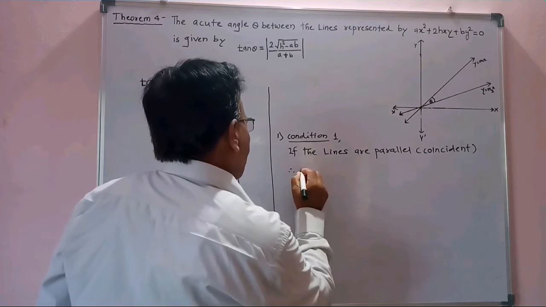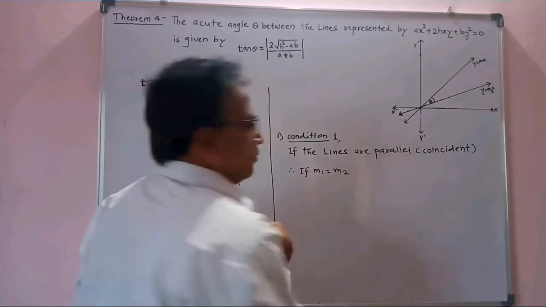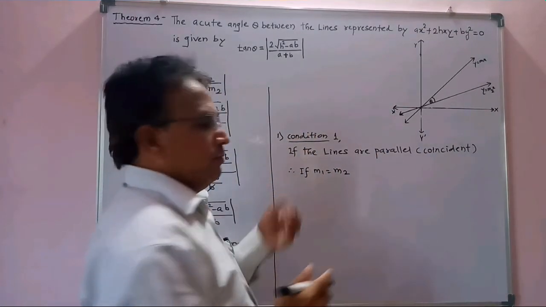Therefore, m1 equal to m2, the two slopes are equal.